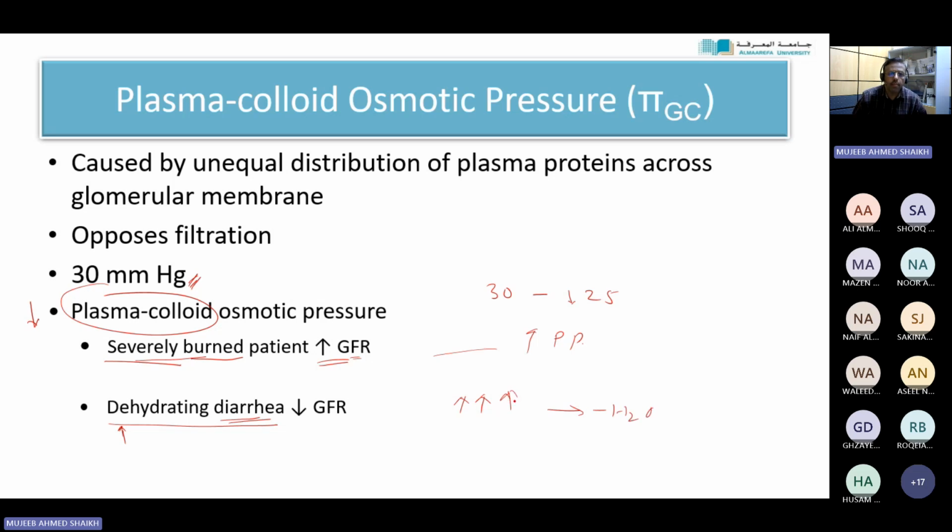In that case, the opposing force, that is the 30 millimeter, will become more. In dehydration, you will find osmotic pressure will be more. If osmotic pressure becomes more, it will hold water more. And that's why GFR will decrease, or the fluid will not be filtered, because water will be accompanied with the protein.